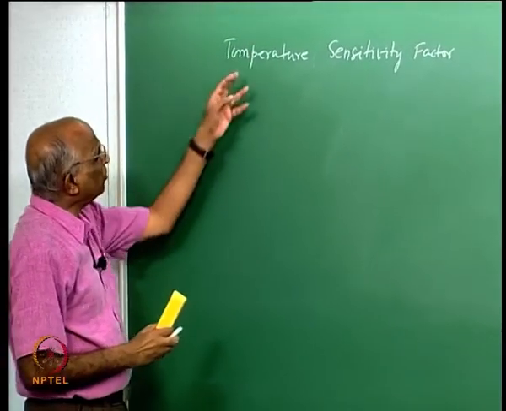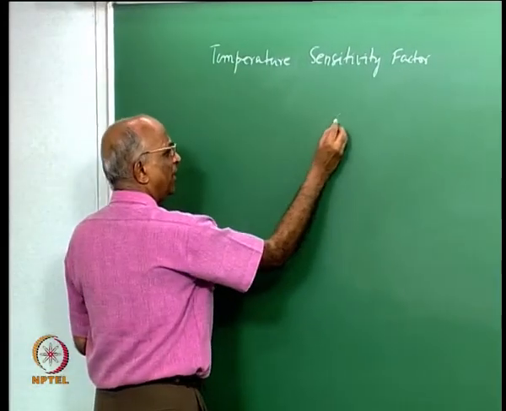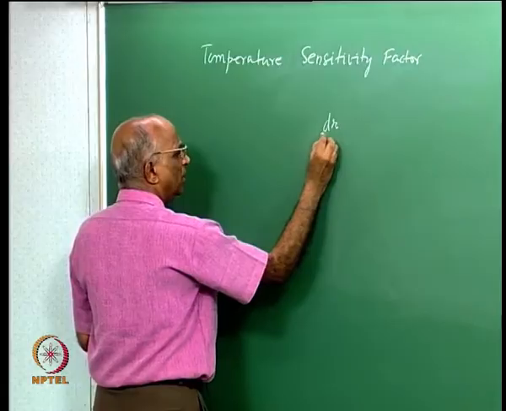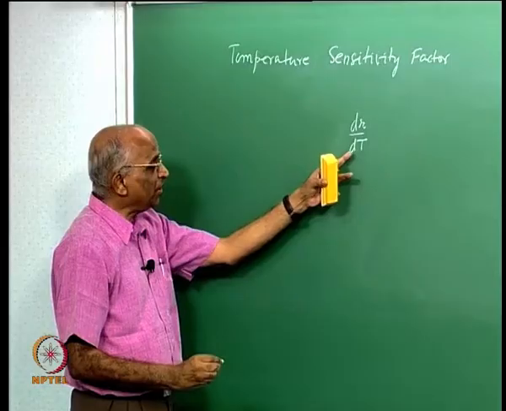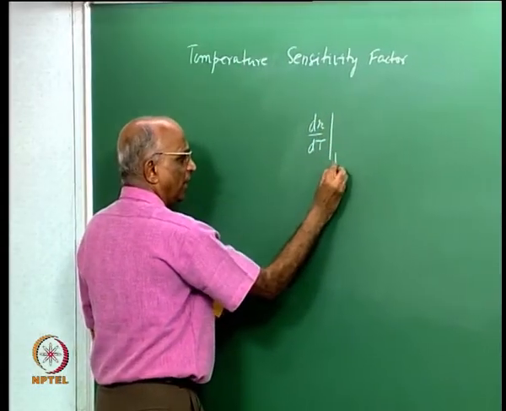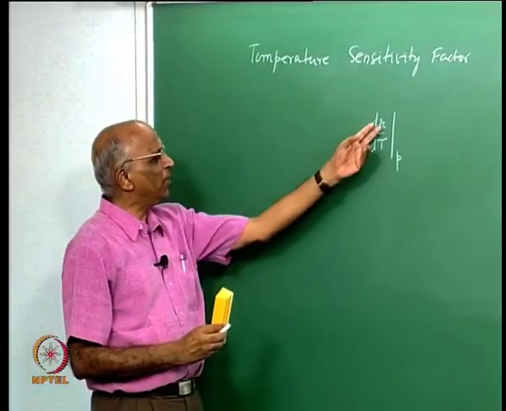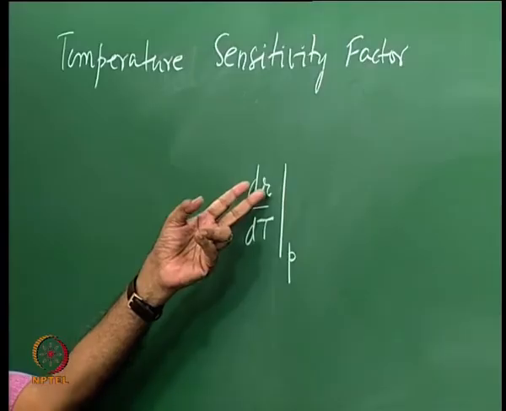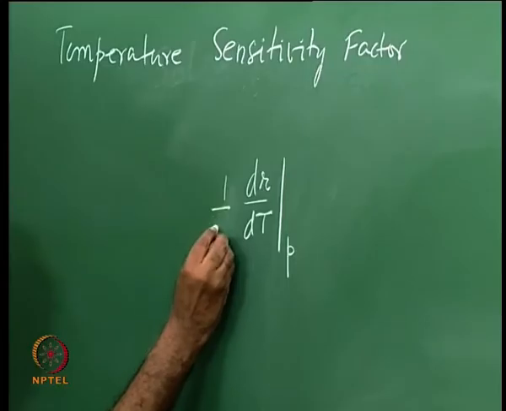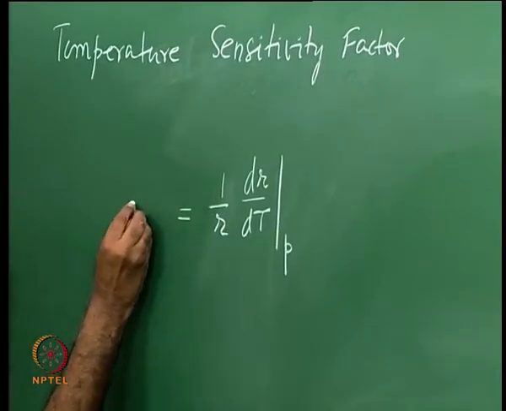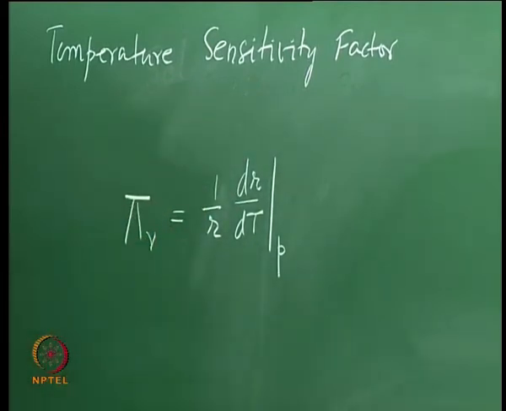We would like to know how sensitive the burn rate is to temperature changes. Therefore, we were interested in finding out how the burn rate dr changes with temperature dT. And since I am considering the effect of temperature alone, I am considering it at constant ambient pressure. But then instead of just saying burn rate variation with temperature, or the variation in burn rate per unit temperature, I now say fractional variation in burn rate, and this is known as pi r, or the temperature sensitivity factor for burning rate.